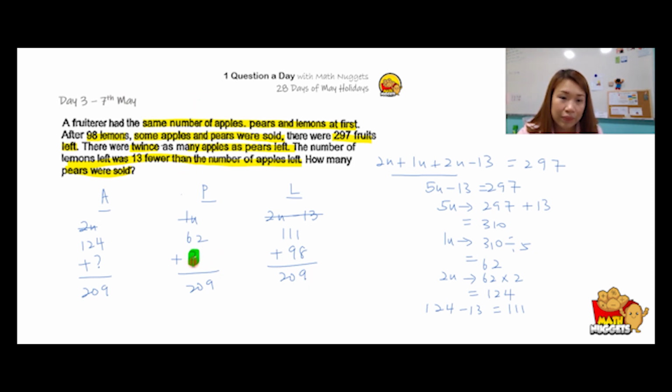What we want to find is this. If we know that there were 209 pears at first, not in the end, then we subtract the pears. 62 is the pears in the end.